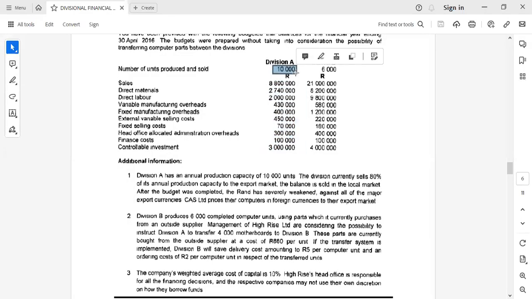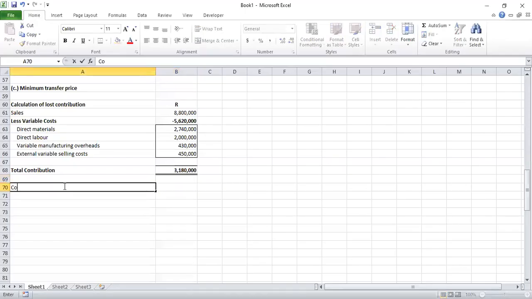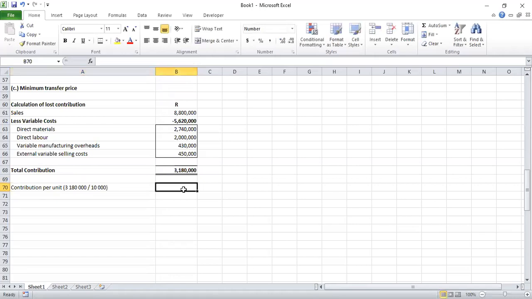So to find the contribution per unit, we would say contribution per unit: $3,180,000 divided by 10,000. That's $318.